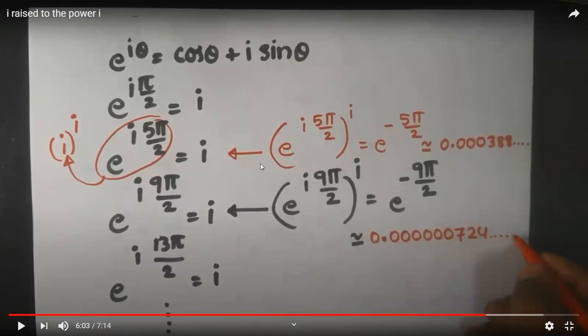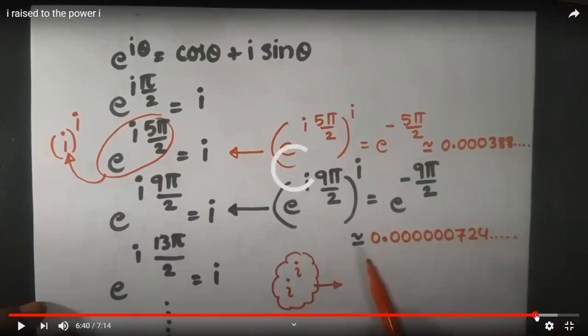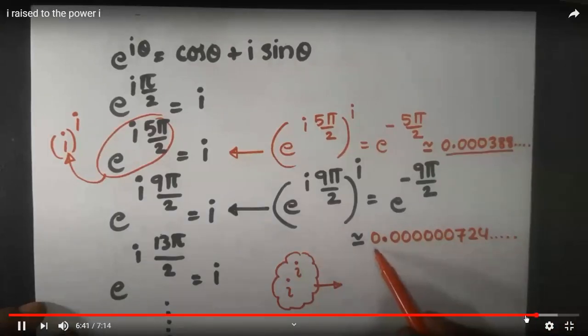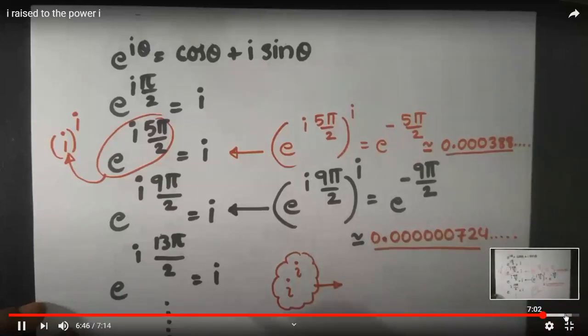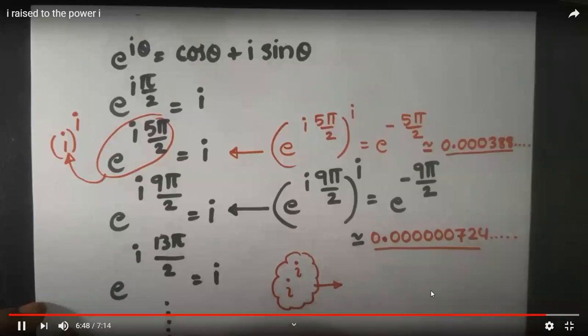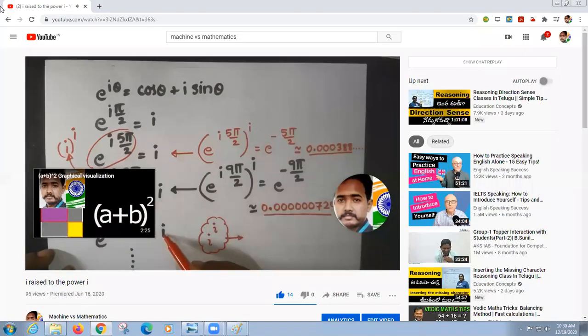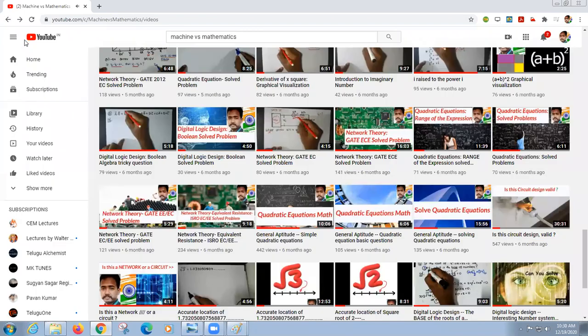That means i power i is not a single real value, you will have a set of real values. So you just keep on going like that. So finally, i power i is this. Anyways, so you get this, and so on. Okay, this is not required again.